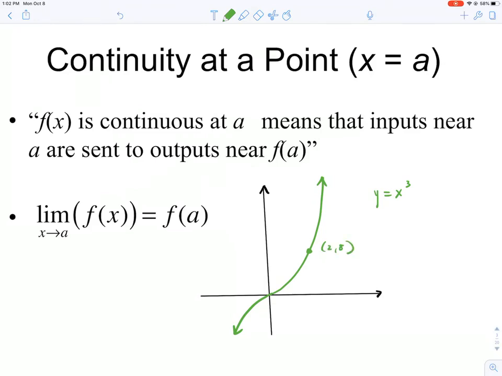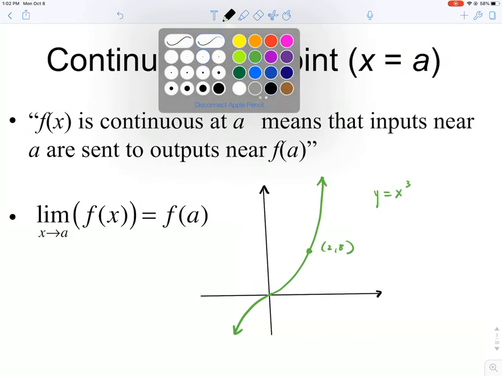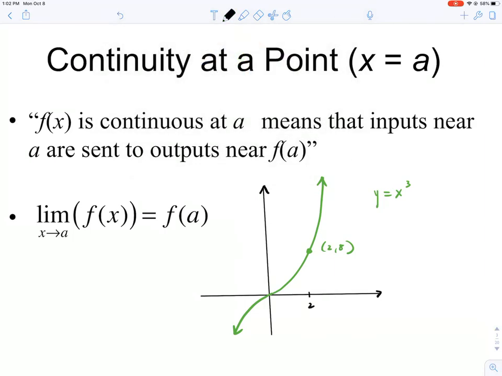Okay. So what makes x cubed continuous at that point? Well, if we were to choose values close to x equals 2, so like 1.99, 1.999, right? Choose values closer and closer to 2 on the left side, and then like 2.00001, 2.001, right?